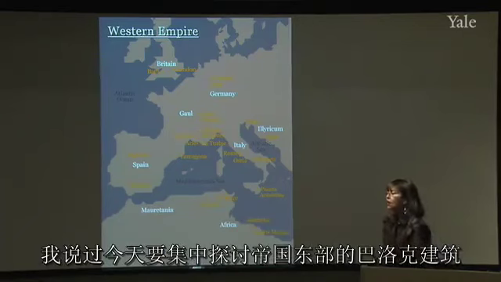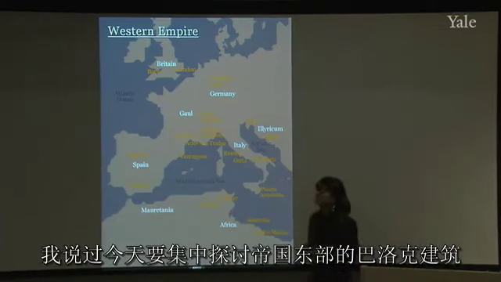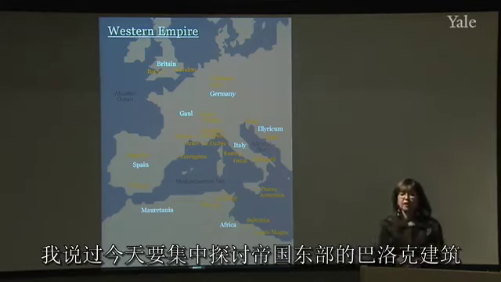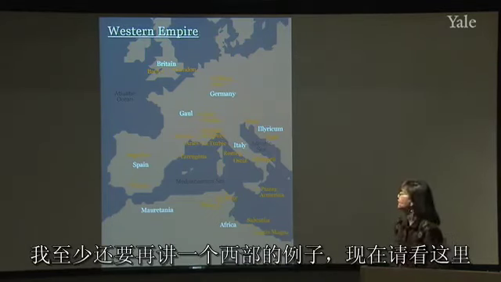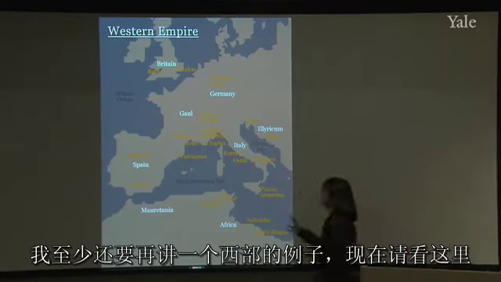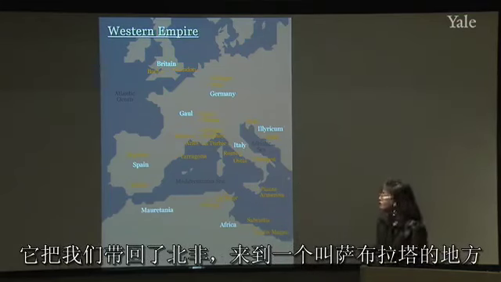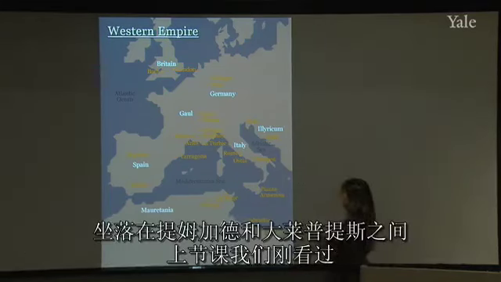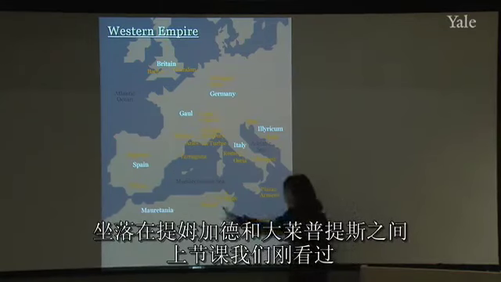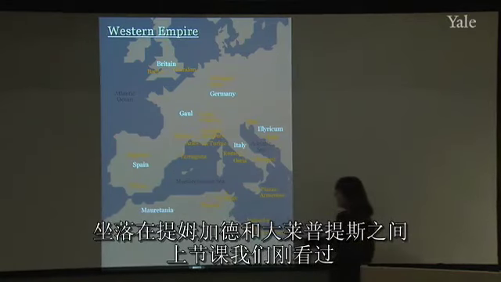I mentioned that although I was going to concentrate today on Baroque architecture in the eastern part of the empire, I would show you at least one example from the west, and I show that to you here. It takes us back to North Africa, to a place called Sabratha, which is located in between Timgad and Leptis Magna that we looked at last time.